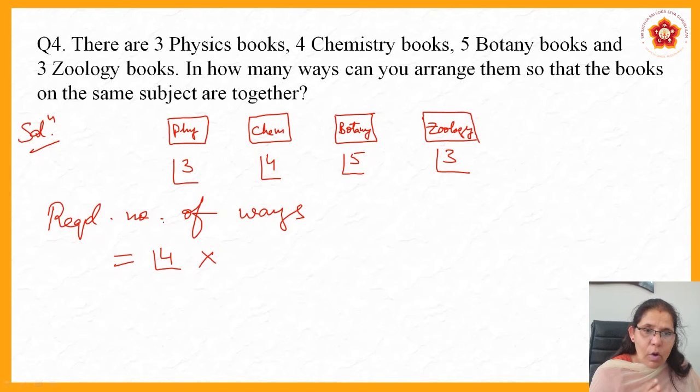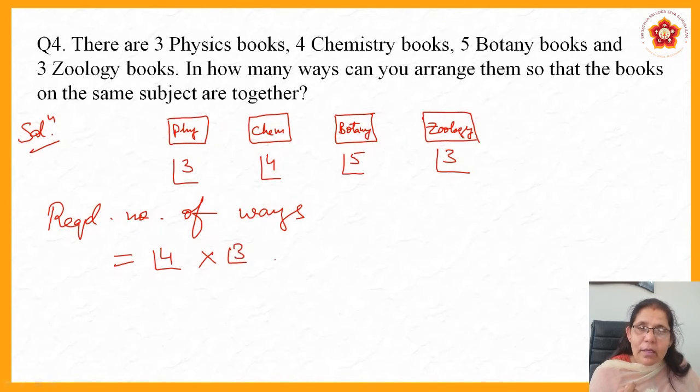That takes care of the various sequences which are possible. Physics, botany, zoology, chemistry, or physics, zoology, botany, chemistry. Any such combination can be there, where we are considering all physics books together, all chemistry books together, all botany books together, and all zoology books together.